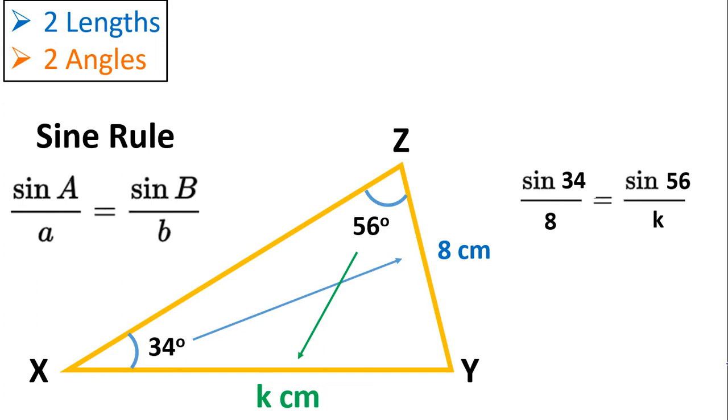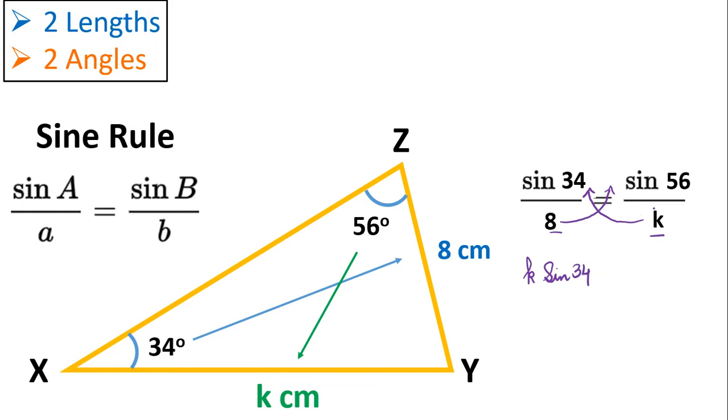Now, how do I go about solving this? The first thing you do, in order to get rid of your denominators, is cross multiply. By cross multiply, I mean the 8 goes to the right side and the k goes to the left side. So when k goes left, we have k times sine 34.